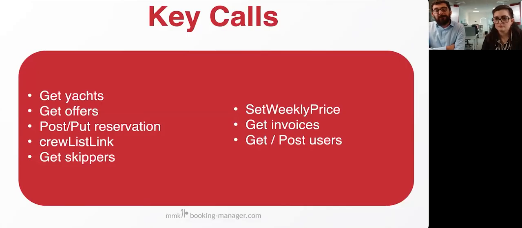Last function, these are two functions, it's get and post users. With these two functions, you can manage your address book via API, and you can enter the users on a specific reservation. The users can be retrieved through the system with different filters. In general, the API works with the ID.